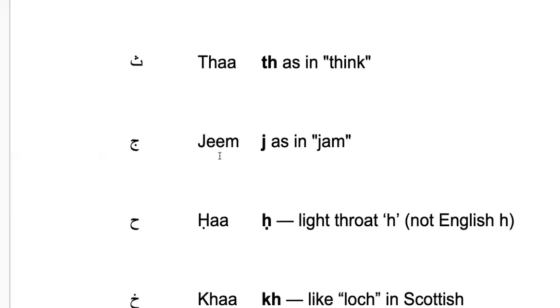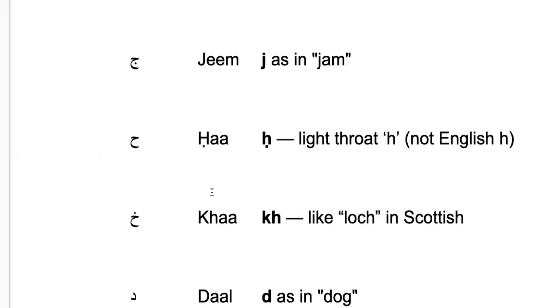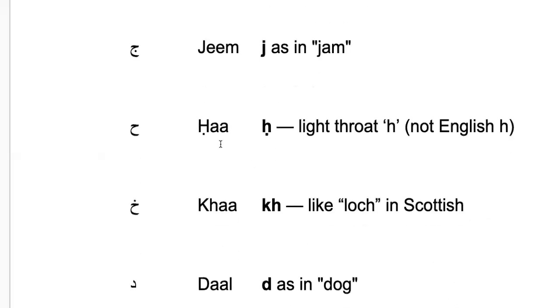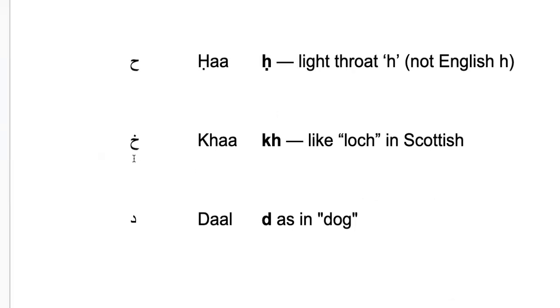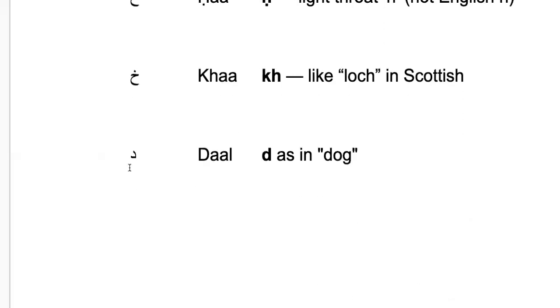This is the letter Jeem, the sound it makes is J. This is the letter Ha, the sound it makes is Ha. This is the letter Kha, the sound it makes is Kha. This is the letter Dal, the sound it makes is D.